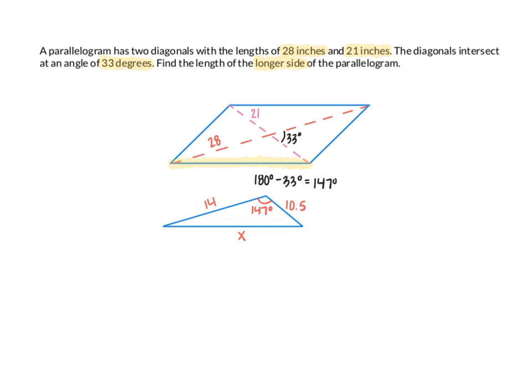Now I'm going to go ahead and label all the sides of the triangle with the letters A, B, and C. It doesn't matter where you start as long as you know which side length corresponds with which angle.